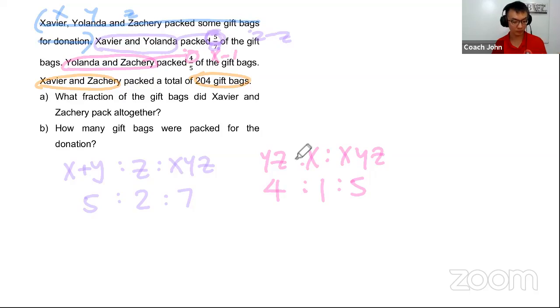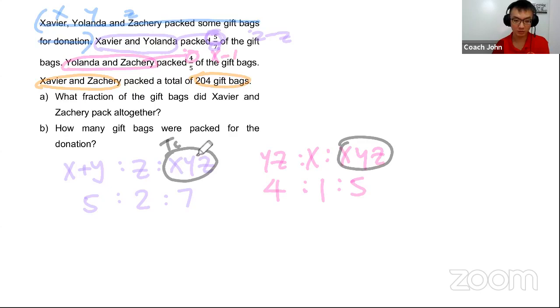Why is it the same total? Same total because you can see repeated x, y, z. So some argue that this is like repeated identity. But if this is the total, let's just call it same total.